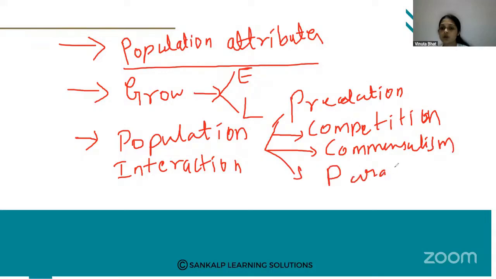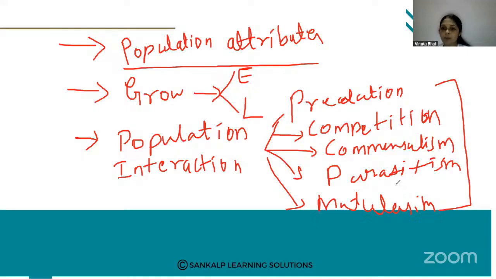Examples for these, types of parasites, and mutualism. So these are the different types we studied with some examples. These all are very important, and the examples are very important for your exam.